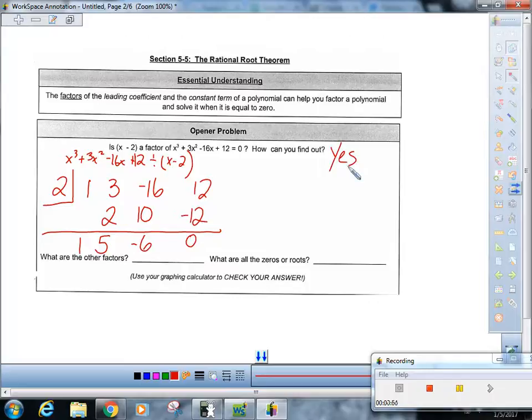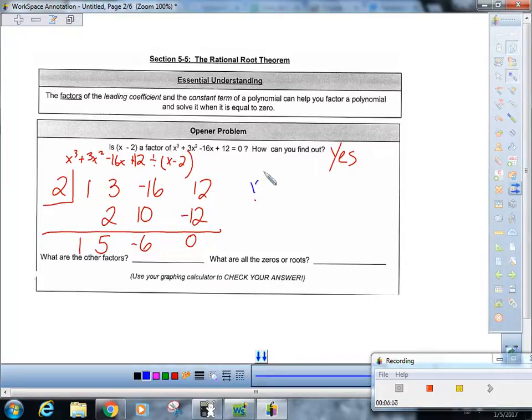How can you find out? Well, one way we can find out is synthetic division. That's what we did. So x minus 2 is a factor. So we could rewrite this, let me change colors real quick, and let me write this out so you understand what you're doing.